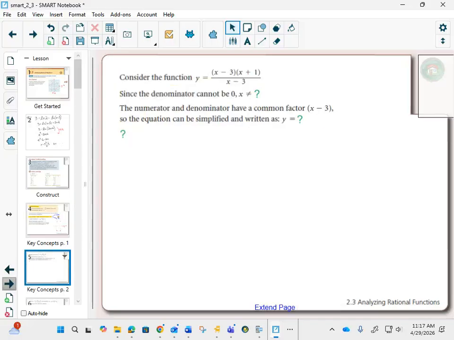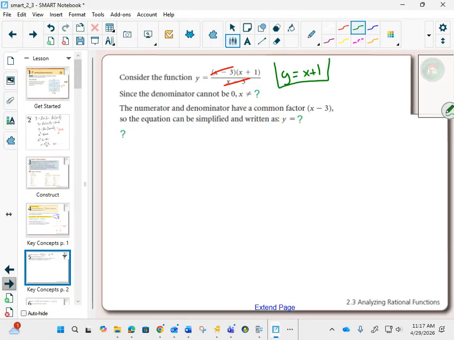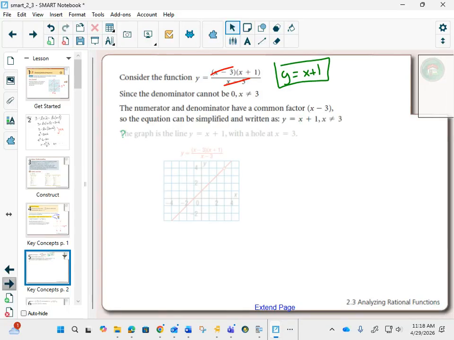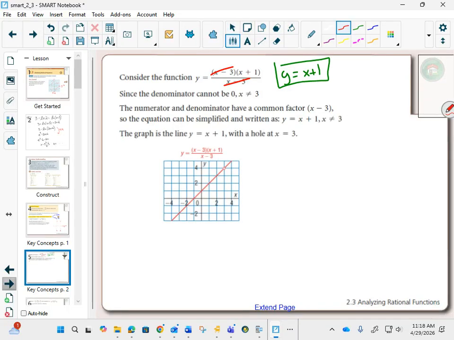In the second example in your notes, the non-permissible value of x minus 3 cancels out, leaving you with the new equation simplified as x plus 1. But you still have that non-permissible value of 3. You would now graph y equals x plus 1 and add a hole. To label the hole, it happens at the non-permissible value, so the x value is 3.